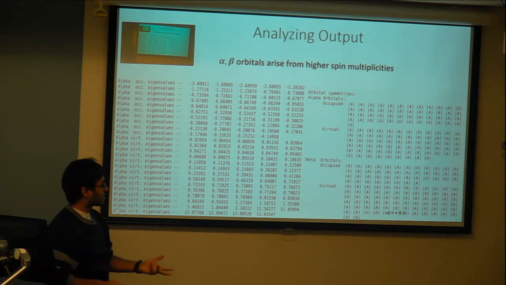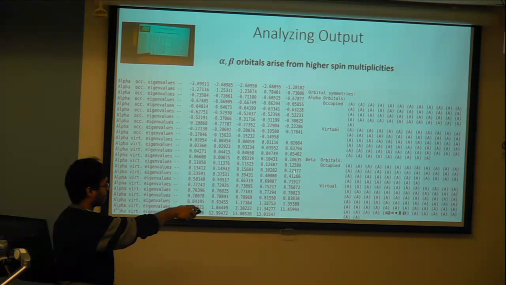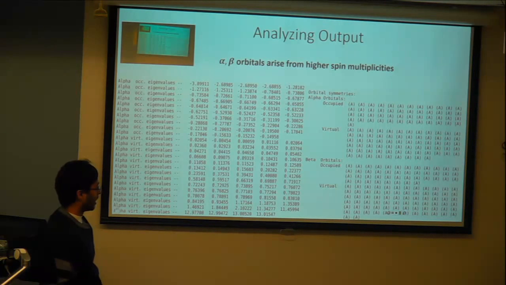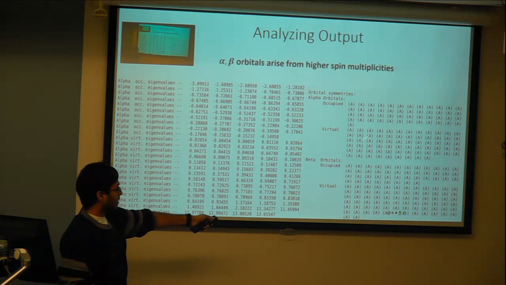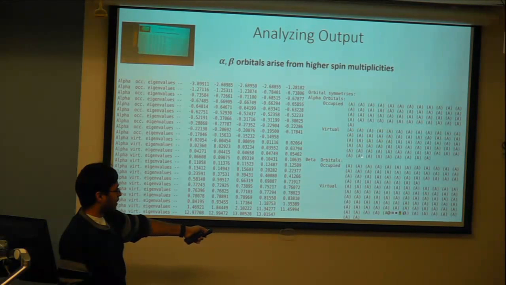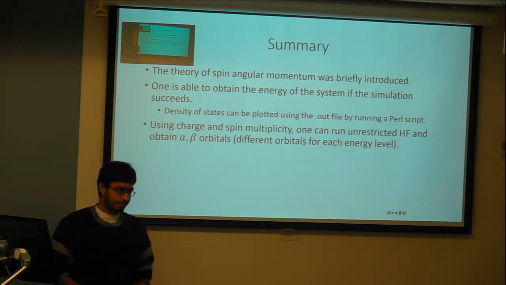However, increasing the multiplicity allows for both alpha orbitals and beta orbitals, which give you different sets where each orbital can be occupied or unoccupied based on the different values of spin.